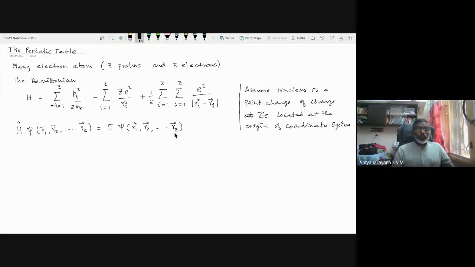Okay, and this problem as such is not exactly solvable. It is not exactly solvable even for the helium atom.